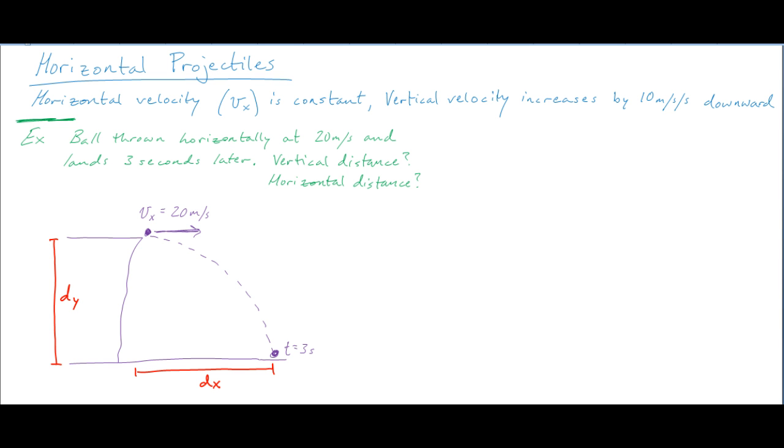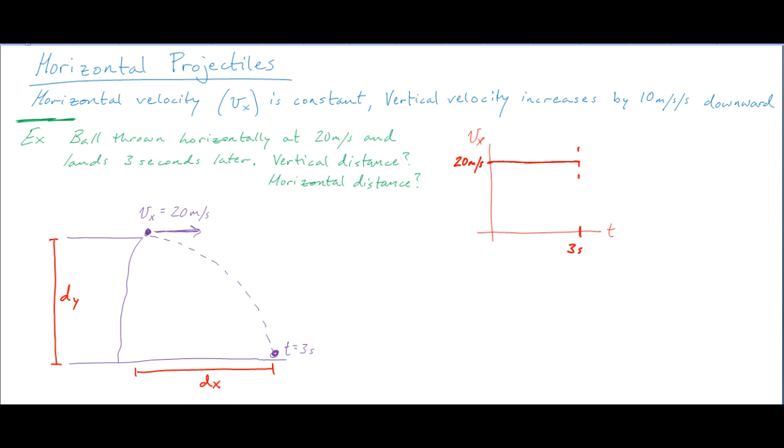So I'm going to start with the horizontal motion. So I have v sub x is 20. Starts out going 20 meters per second for a total of 3 seconds.